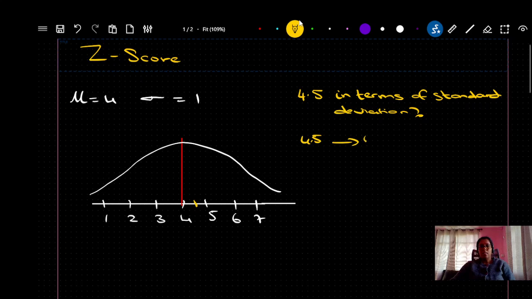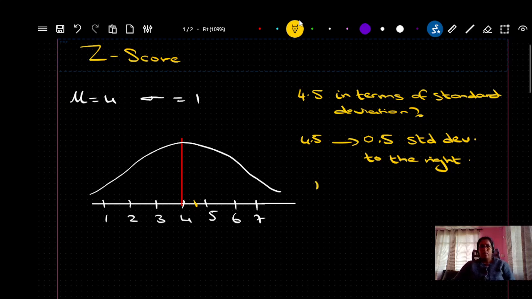It is obviously 0.5 standard deviation to the right, isn't it? So it is 0.5 standard deviation to the right. Now this is quite easy.